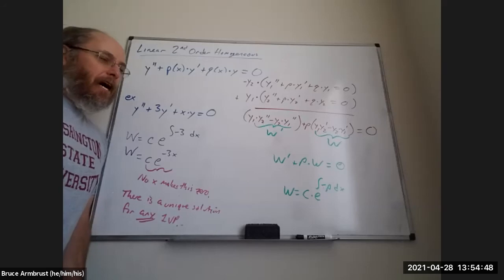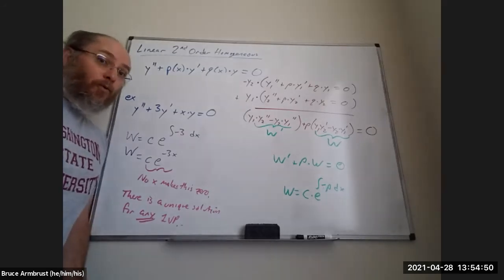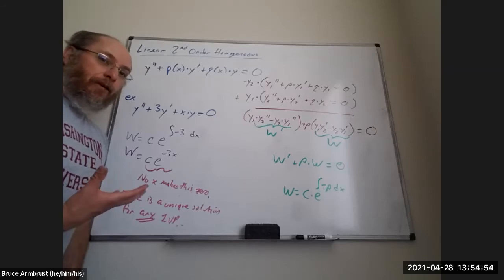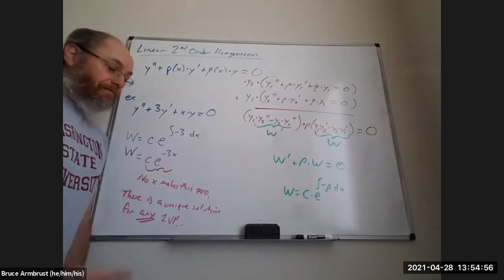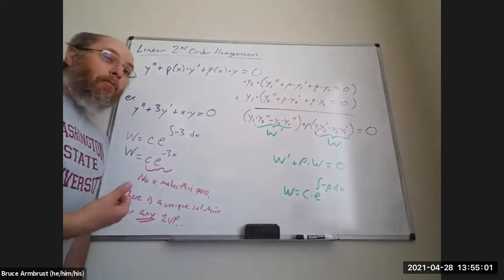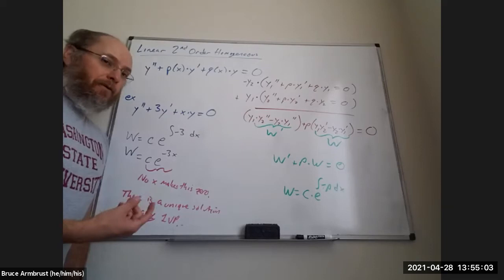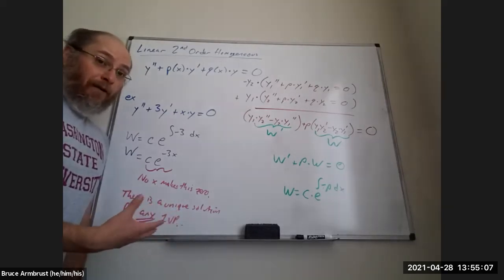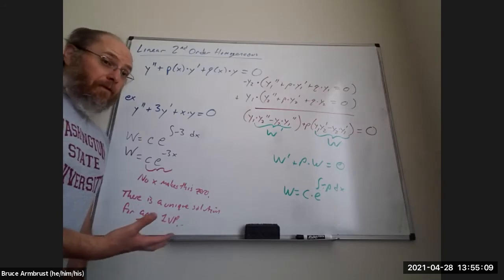So take Abel's theorem for what it is. It's a really quick way to figure out what the Wronskian looks like that you can then use to help you determine where solutions are going to be good. But also, it can help you make your guesses for the y1 and the y2. Right?